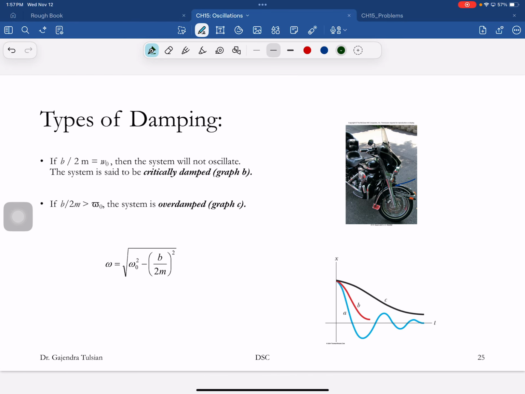All right, so this sort of stuff is important because we incorporate this in all our devices. That's what shock absorbers are. Your wheel is essentially a mass attached to a spring. Now let's say you're riding your motorbike and you hit a pothole.